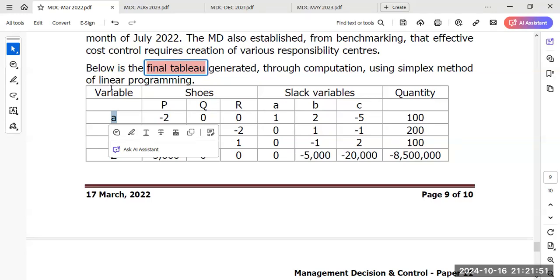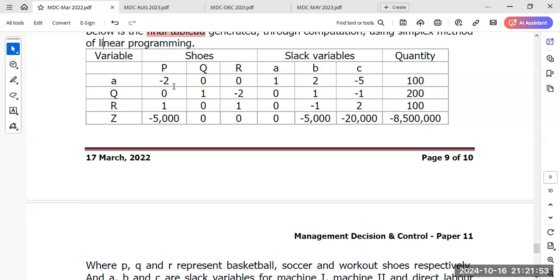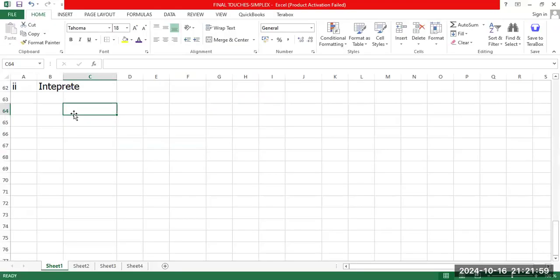Because interpreting is just analyzing the table, we can start with our product variables.